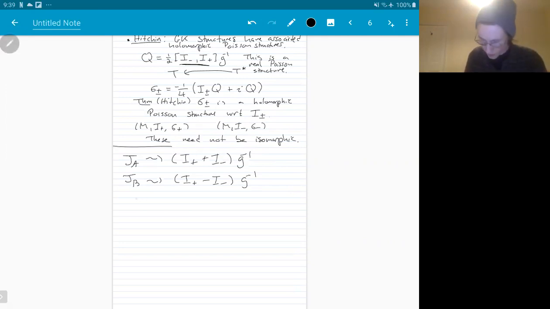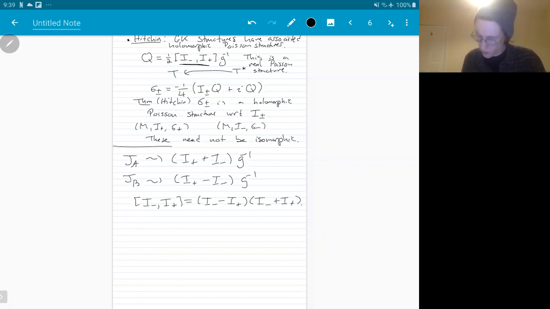But let me just make an observation here, that the commutator of these two things, you can actually rewrite it as a product. Like this.